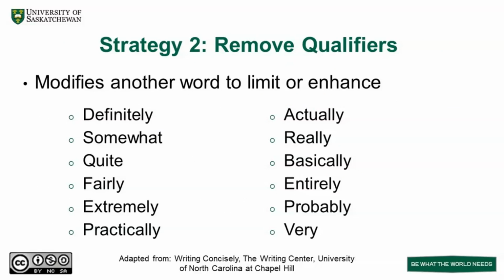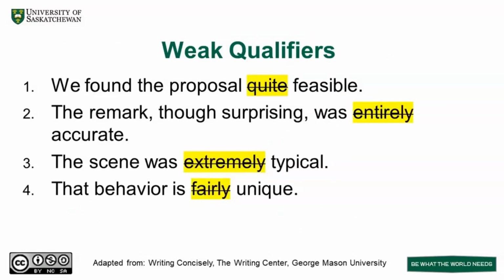And the common ones that we have in English include definitely, somewhat, quite, fairly, extremely, practically, actually, really, basically, entirely, probably, and very. And in our writing, we often don't need them, especially if their function is fairly weak. And the solution in managing these weaker qualifiers is to simply remove them.